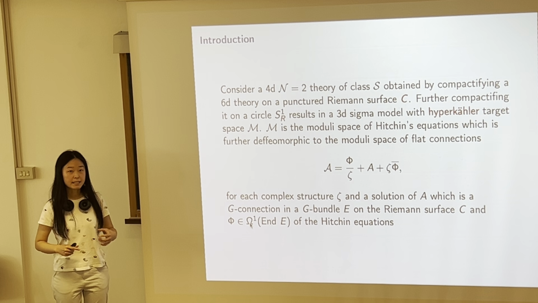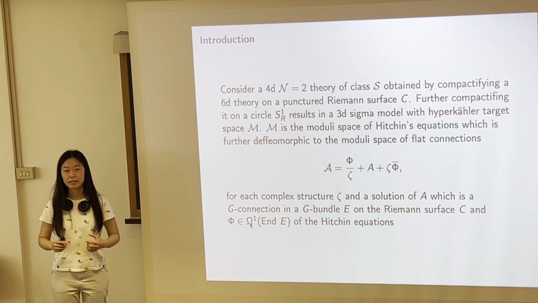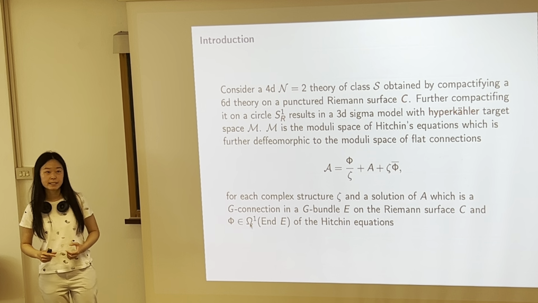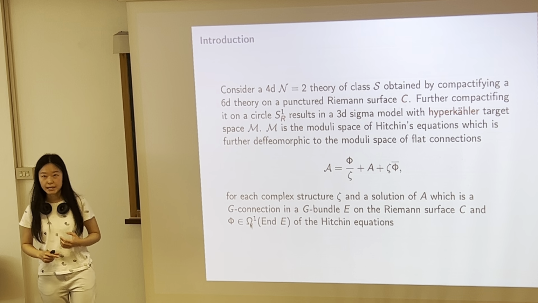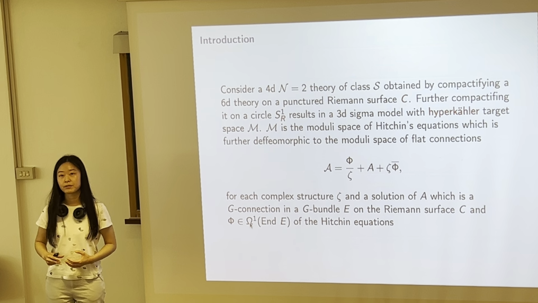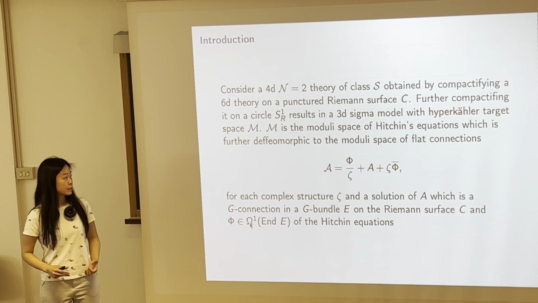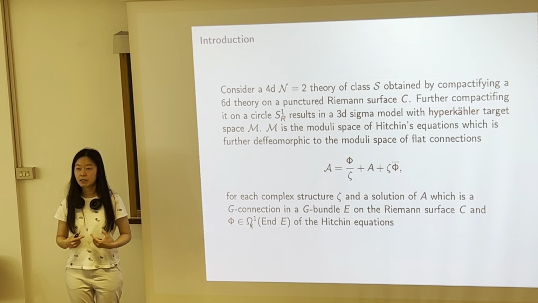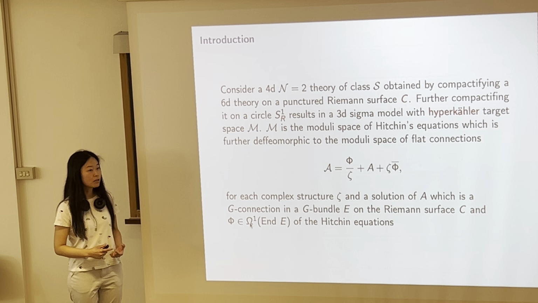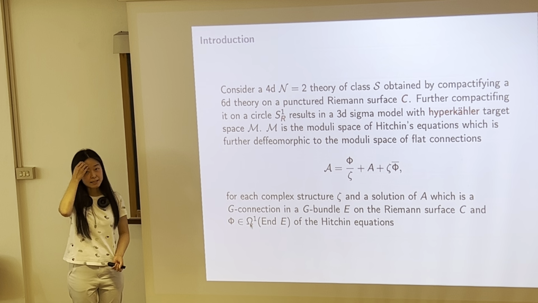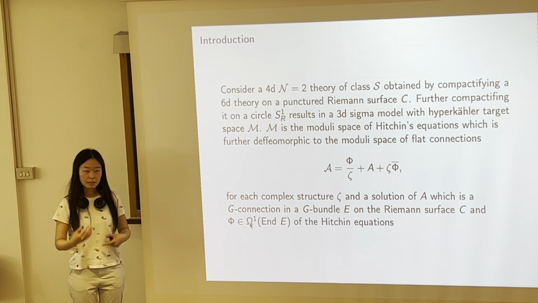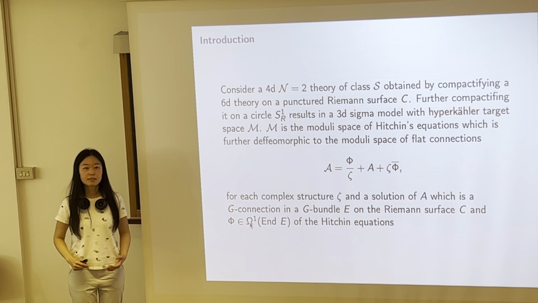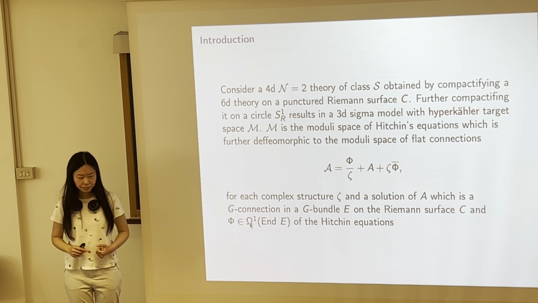So we can think about a particular type of 4D N=2 theories of class S, where S stands for 6. Those theories are obtained by compactifying some supersymmetric 6D theory on a Riemann surface C. After doing so, you can further do a compactification on another circle, which has radius R, and this will allow you to go to some 3D N=4 supersymmetric theory, where it has a nice target space, which is hyperkähler.